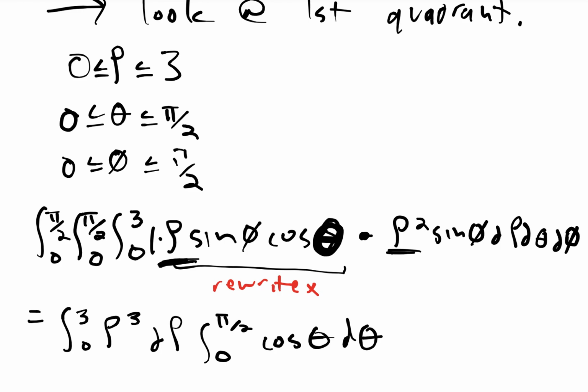And then for my phi integral, you'll notice I've got a sine phi and a sine phi. So that'll be my last piece there. So sine squared phi d phi.